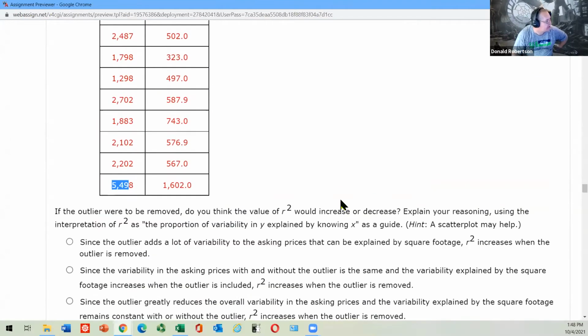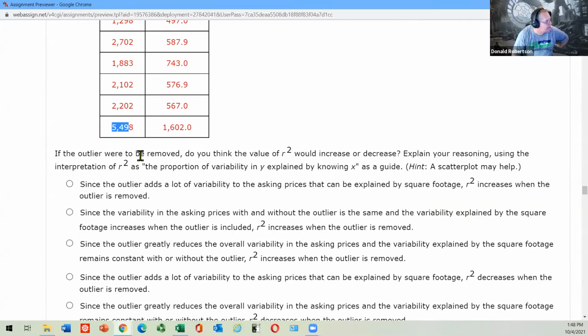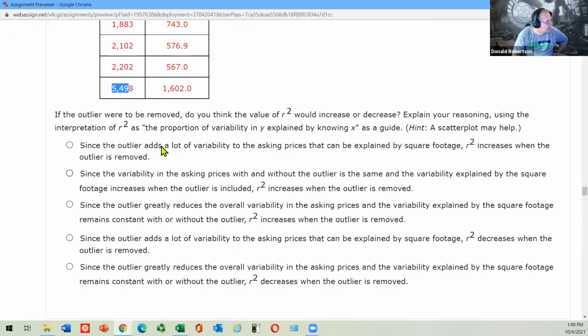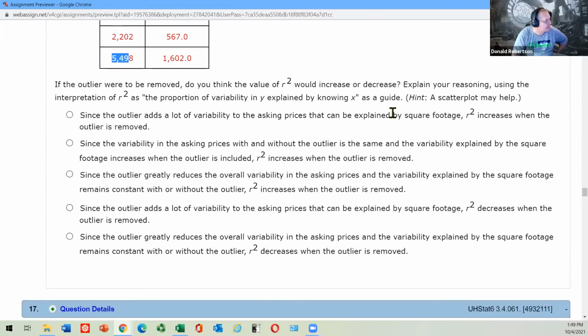And the question asks, if the outlier were removed, do you think it would increase or decrease? Now, based on what I have just said, wouldn't it decrease? And if R would decrease, wouldn't R squared decrease as well?